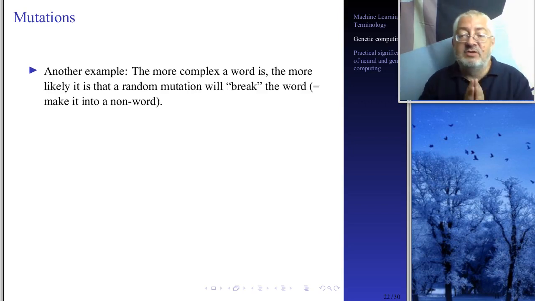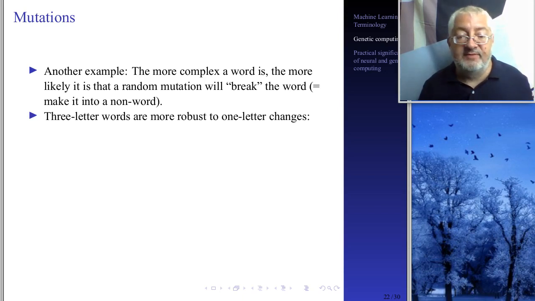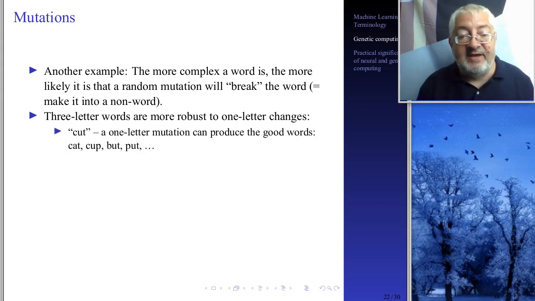You can see this also with other systems. Instead of taking biological systems, you can take words. The more complex a word is, the more likely it is that the random mutation will break the word, meaning it will make it into a non-word. Right? For example, 3-letter words are more robust to one letter changes. See here, if I have the word cut, and now I do a 1-letter mutation, I change 1 letter with a random other letter, and then I mostly get good words still.